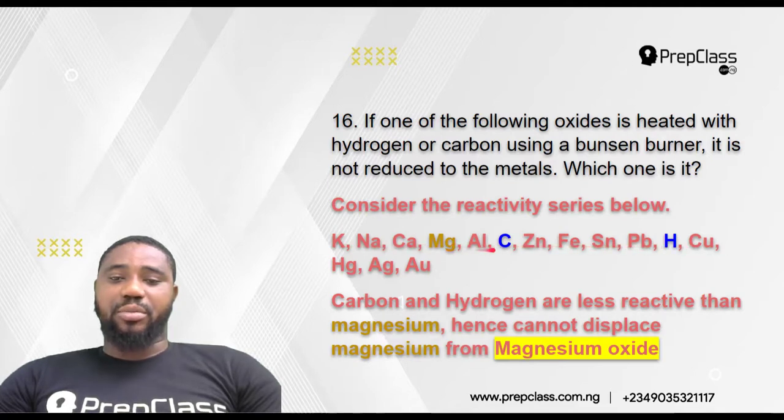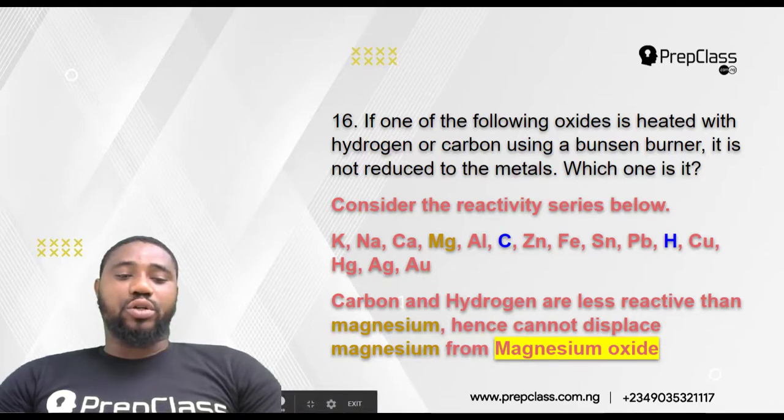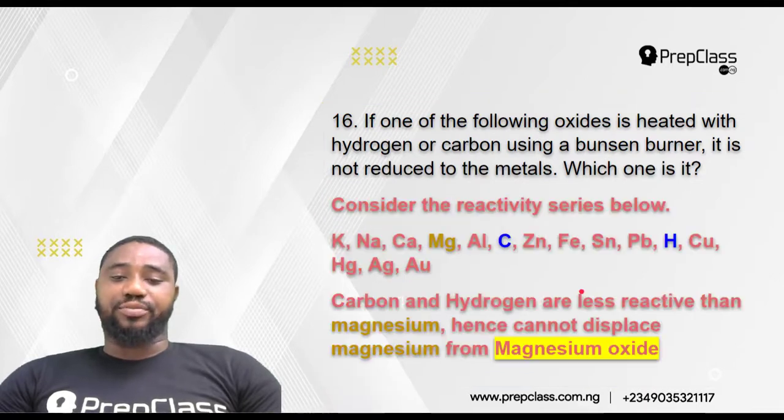Potassium, sodium, calcium, magnesium, aluminium, carbon, zinc, iron, tin, lead, hydrogen, copper, mercury, silver, and gold. So we are looking at hydrogen or copper, and they are asking us which one. Will it be lead, magnesium, copper, or tin?